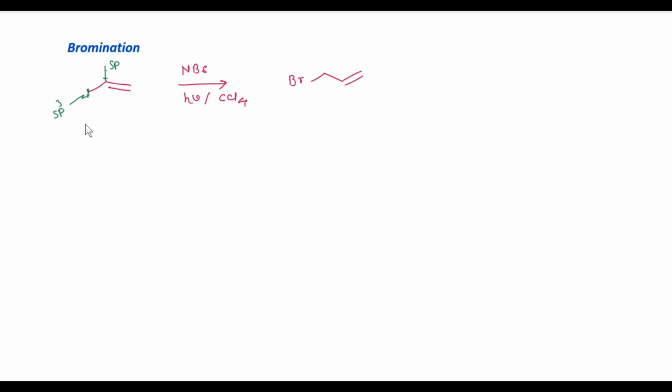So let us see the mechanism of this reaction. In the first step, this NBS is treated with light, and formation of radical takes place, plus Br radical.